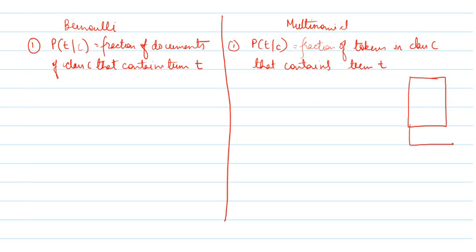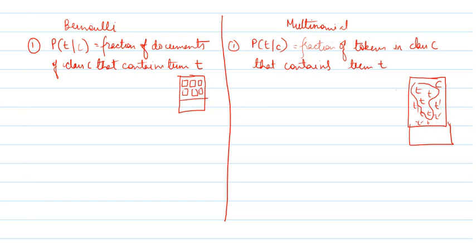Let's see again. This is the corpus, this is the class C, and these are the term T, and there are other terms also, T dash, T dash, T1 and so on. So this is the collection of terms T, the fraction of terms T present in this class. But in Bernoulli we look in each individual document whether T is present or not.